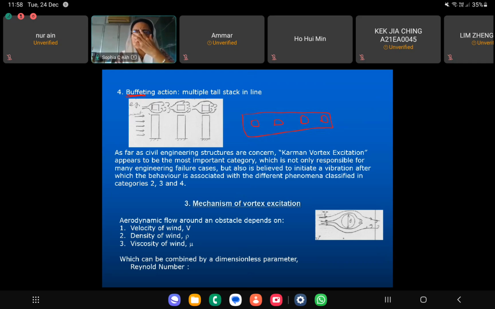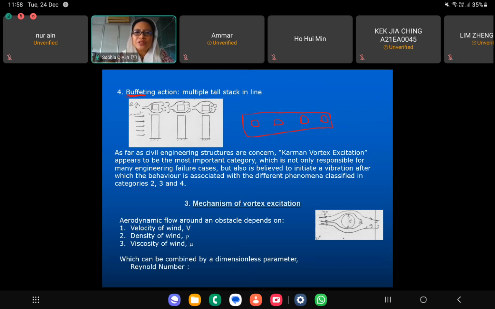Now this happens when you have a design where structures are stacked one after another in the same place, and they have almost the same height and a similar design.